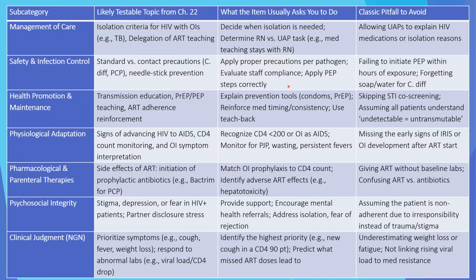You need to make sure the steps are done correctly. Common errors: failing to initiate PEP within hours of exposure, forgetting soap and water for C. diff, and then transmission education about those, testing and ART here.